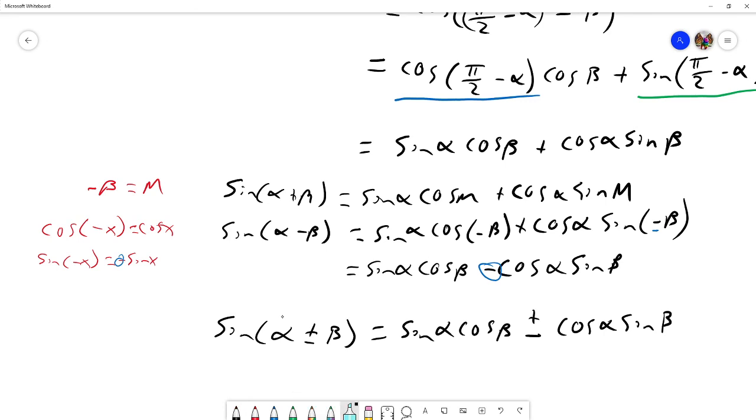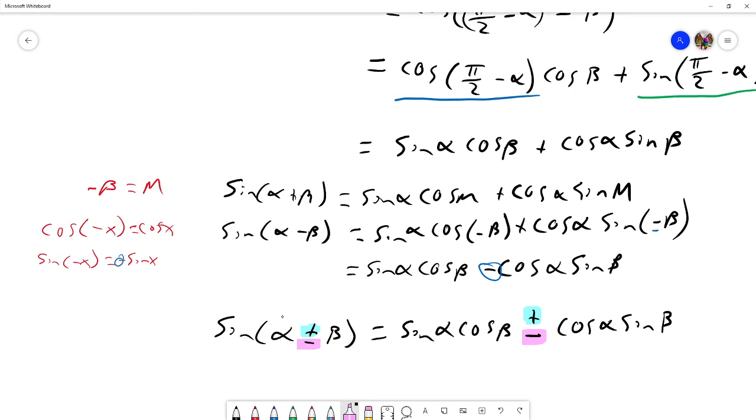So the way you want to read this notation is when you have two angles being added within the sine, then you have to use the plus sign. And when it is the case that you have the minus, then you use the minus over here on the right as well. I like this notation because it condenses it down. There's a lot less writing. It just looks a little weird at first if you're not used to it, but it is very useful.